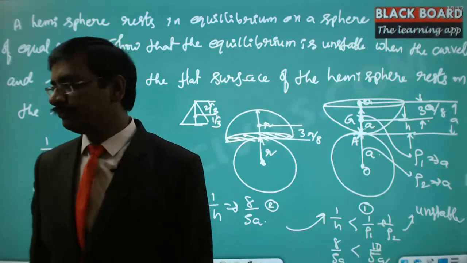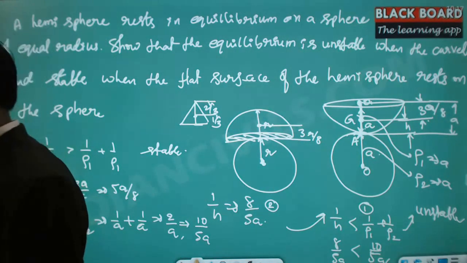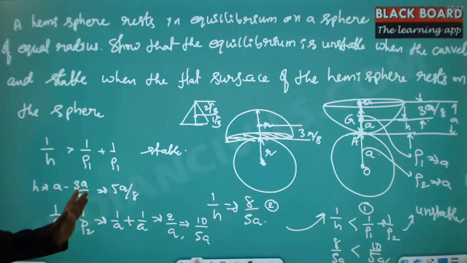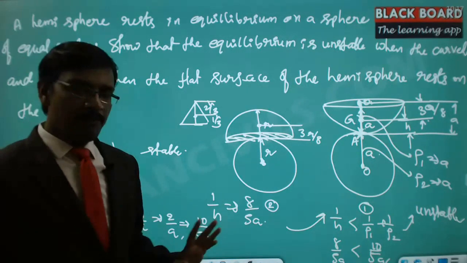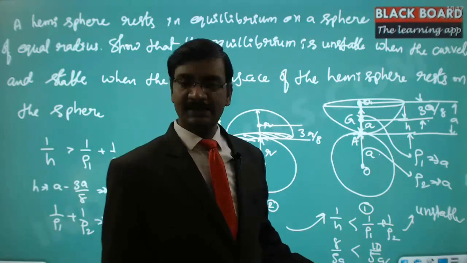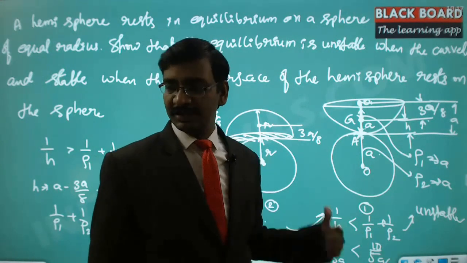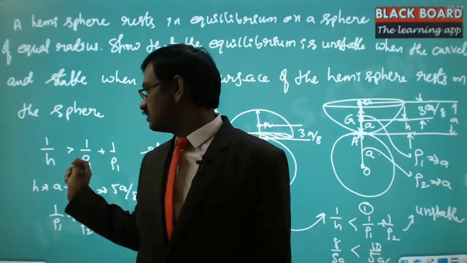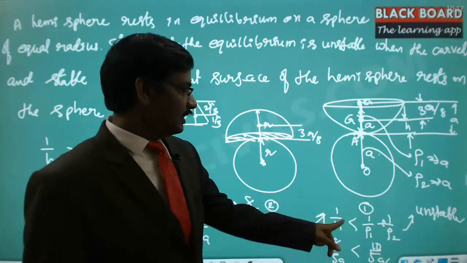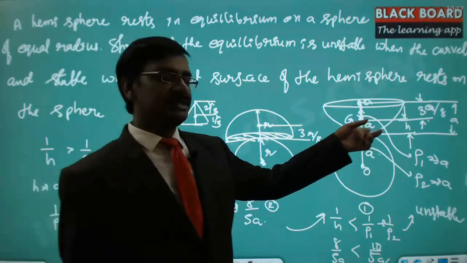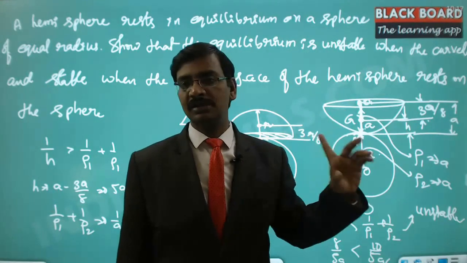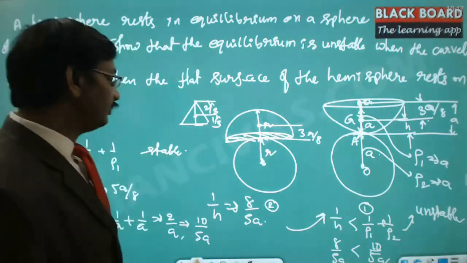Got it or not? Any questions on this? We have calculated 1 by rho 1 plus 1 by rho 2 and we have calculated 1 by h, and we compared both the values. If it is less than, then it is unstable. If it is greater than, it will be stable, because this is the stable condition. So this is the unstable condition. So in case 1, the body which is resting on top is under unstable equilibrium condition.